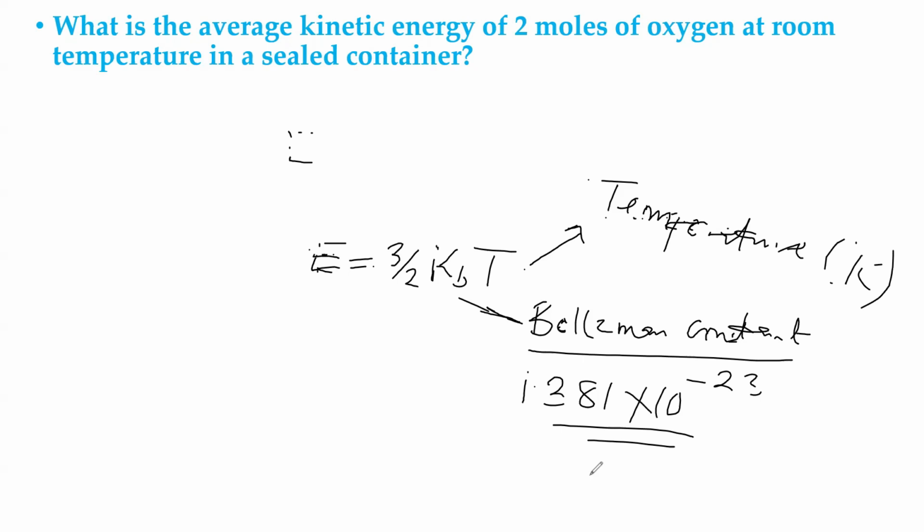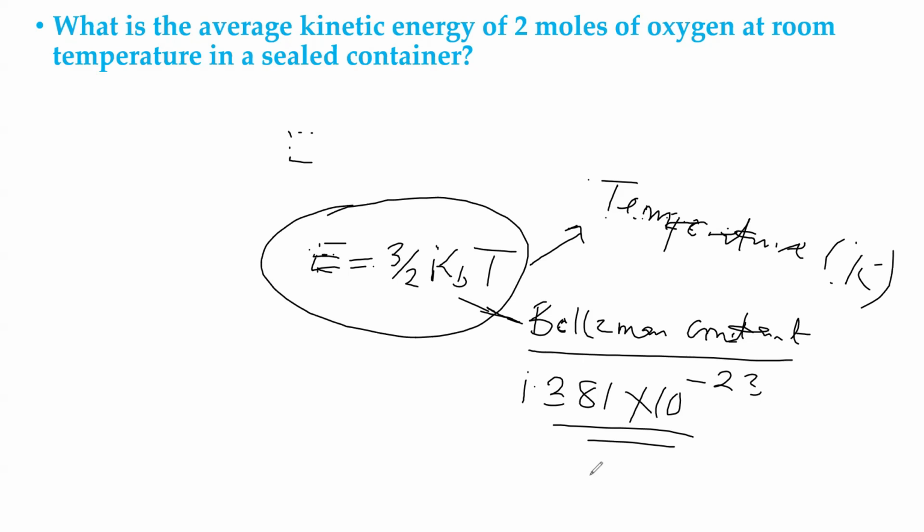So if you have a temperature and the temperature is given in degrees centigrade, then you have to convert it to Kelvin. For example, in these questions, we can be asked to calculate the average kinetic energy of an ideal gas per molecule, so this is the formula that you are going to use.